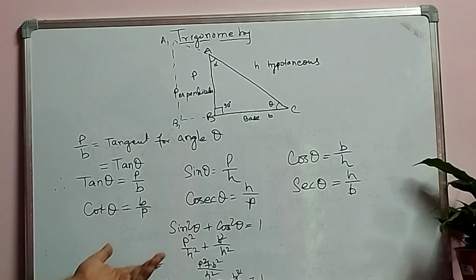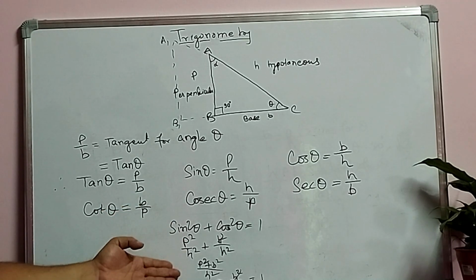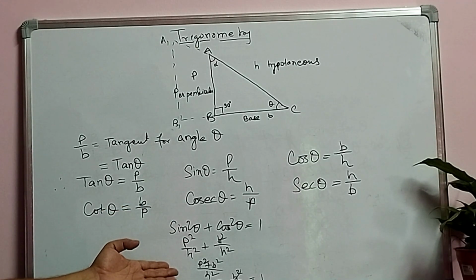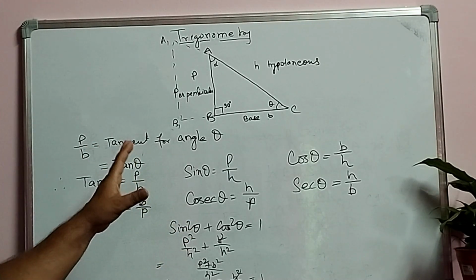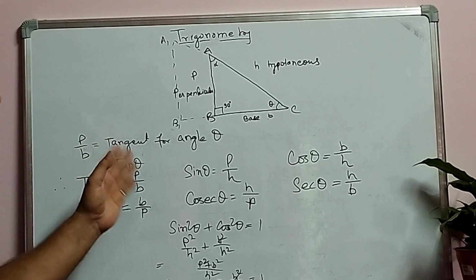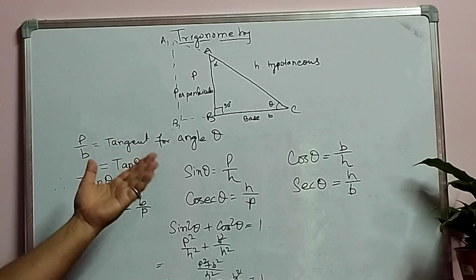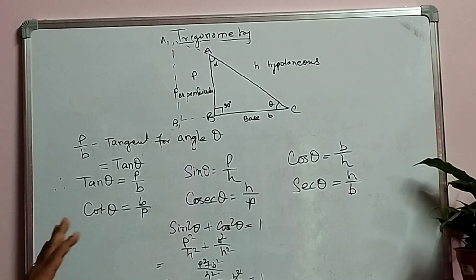So what we see is that this is all about the ratio of any two sides of the three sides of the right angle triangle. So I mean to say this is all about the ratio and nothing else.